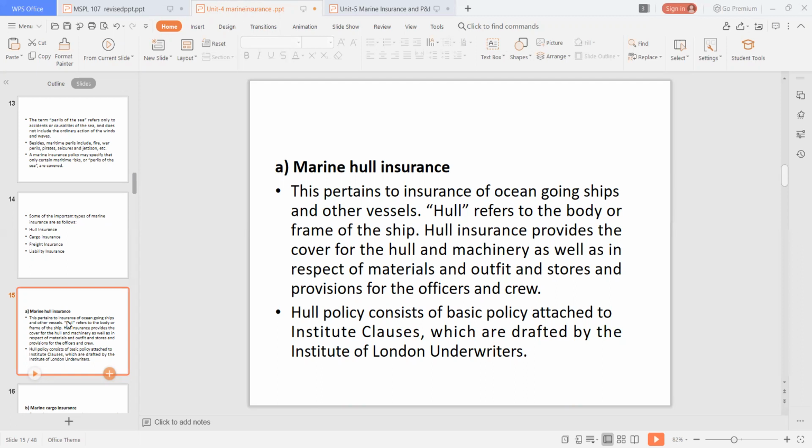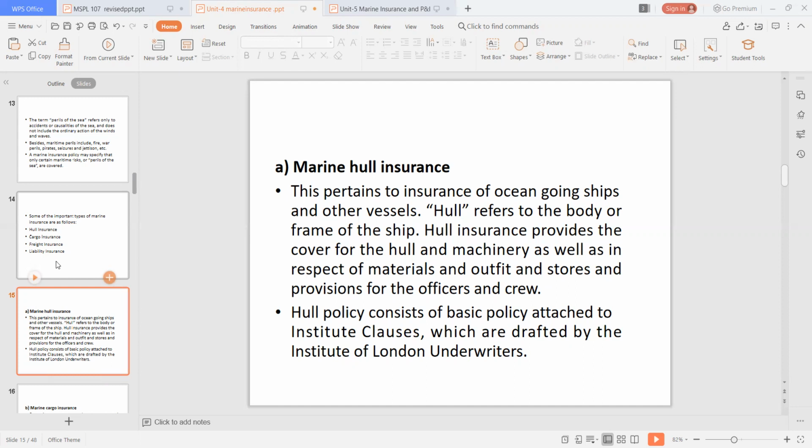Then too many regulations came into force, and hull and machinery insurance also became associated with that. That became the base for it.